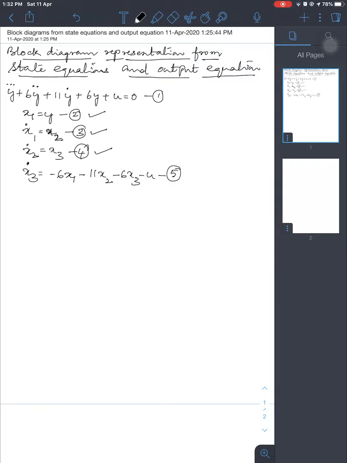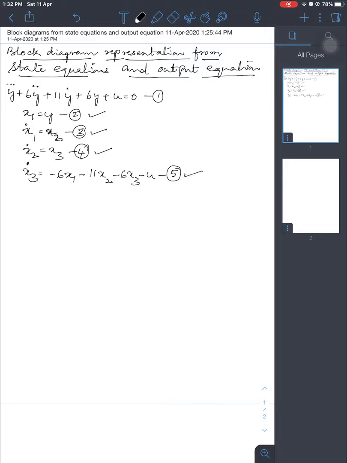Correspondingly, we got another equation, x3 dot, as equal to the linear combination of x1, x2, x3 and u, such that x3 dot equal to minus 6x1 minus 11x2 minus 6x3 minus u. This was dealt in my previous lecture.